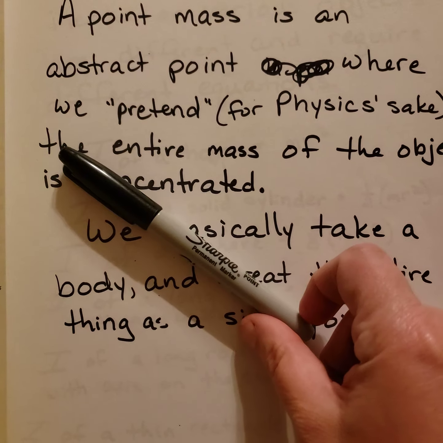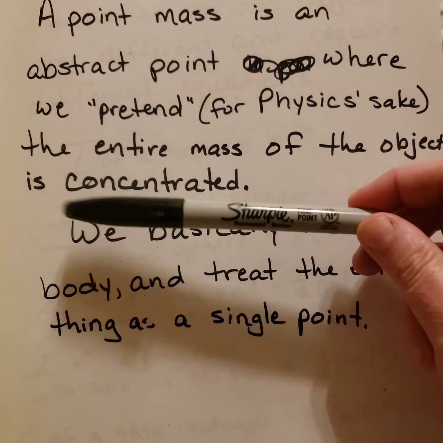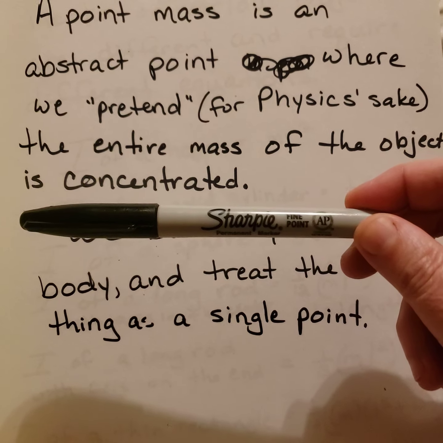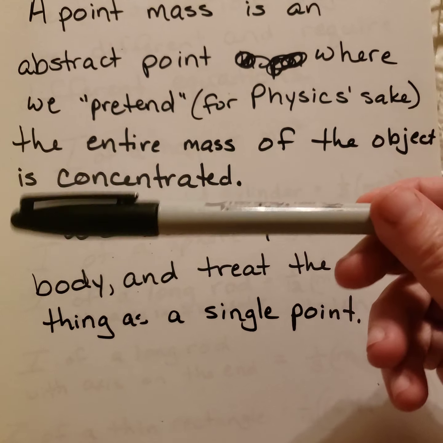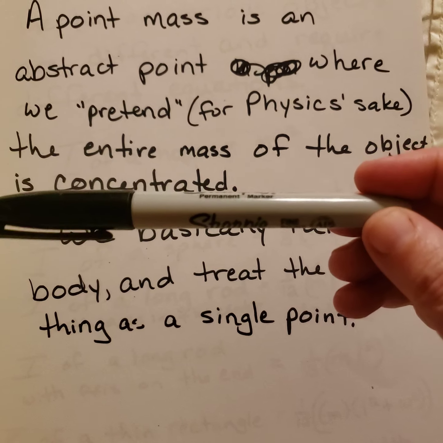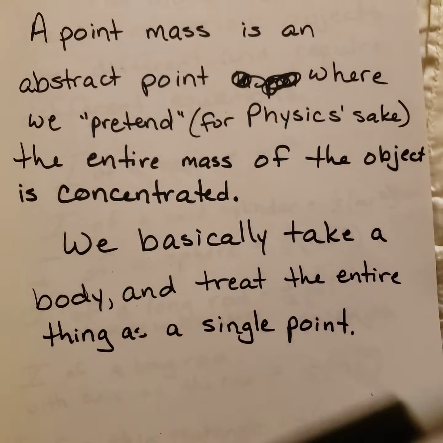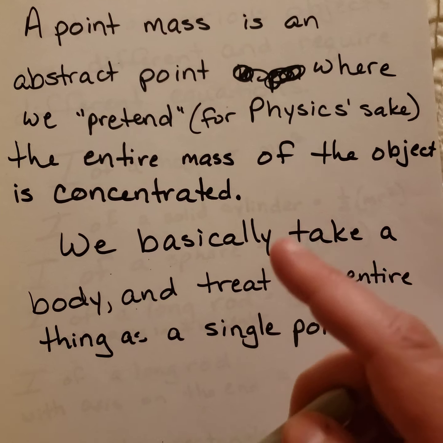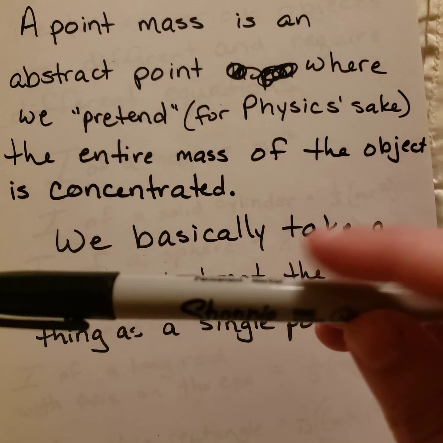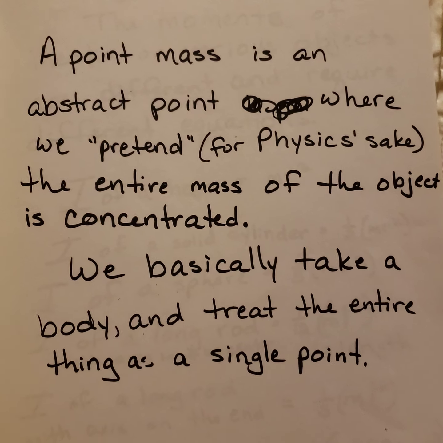Let's take my Sharpie, for example. It would be like a thin rod. Instead of talking about the entire Sharpie, we talk about it as though there's one point somewhere on the Sharpie and the entire mass is at that point.